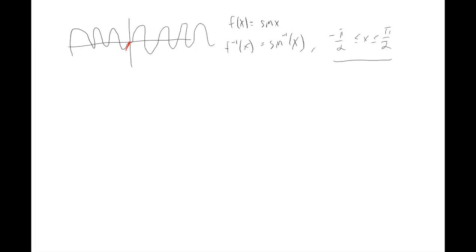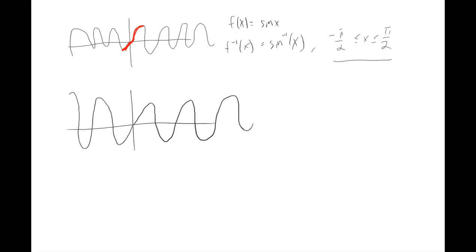So negative pi over 2 starts here, and then we go all the way to here, to pi over 2. Let me make it more clear and draw it bigger. So we're only considering this interval.